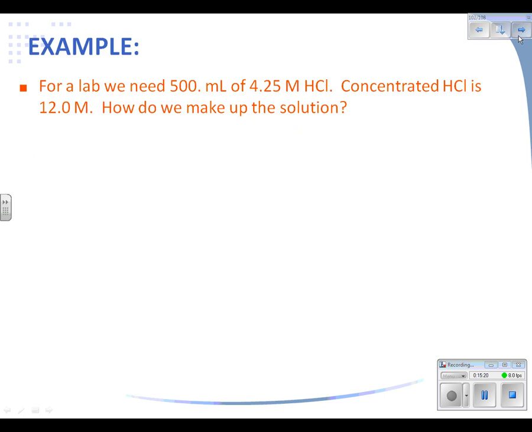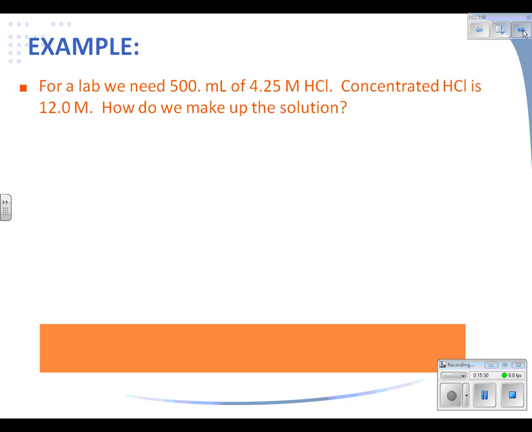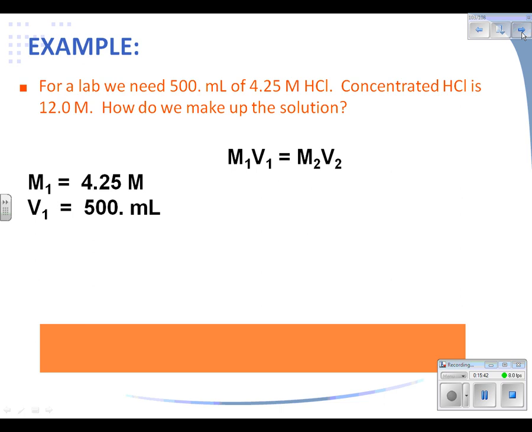So for a lab, we need 500 milliliters of 4.25 molar hydrochloric acid. Our concentrated hydrochloric acid is 12 molar. How do we make up this solution? We know the molarity we want is 4.25 and that we want 500 milliliters of it.